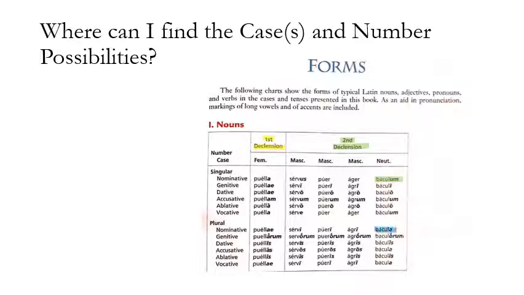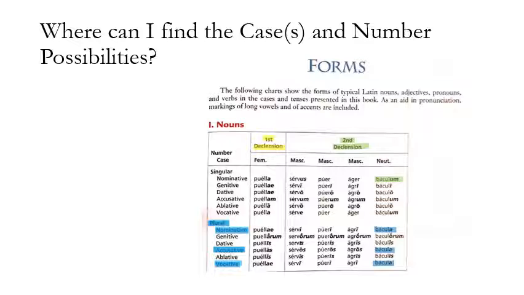That's right, bacula, which is nominative plural, bacula, which is accusative plural, and bacula, which is vocative plural. So you have 3 possible cases: nominative, accusative, and vocative, and 1 possible number, plural.